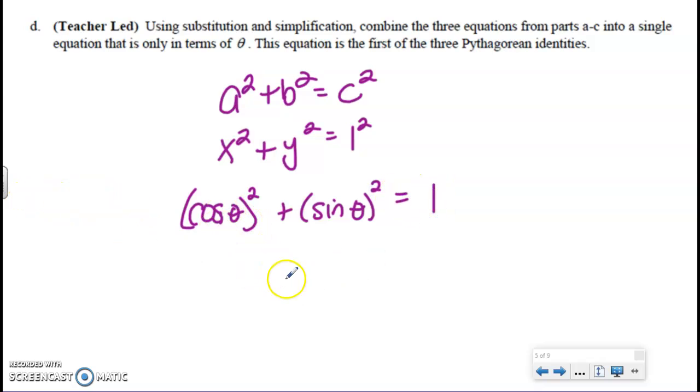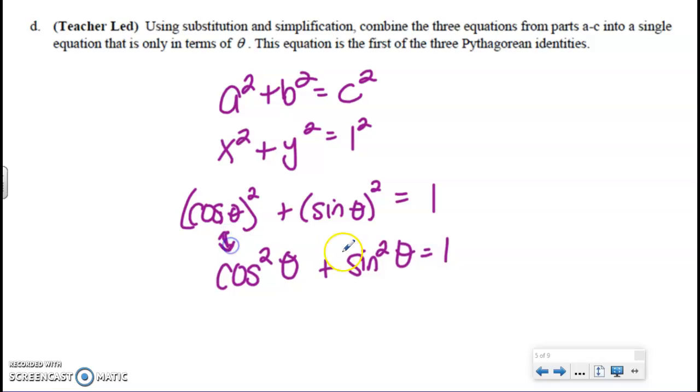Now, here's what I'll show you. The actual Pythagorean identity that is most common is cosine squared of theta plus sine squared of theta equals 1. These are the same. We just like to avoid writing parentheses as much as possible, so we put the square with the sine instead. So here's your Pythagorean identity.